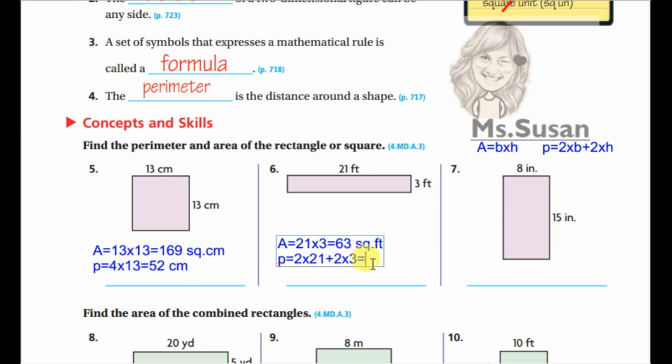So it will be 48. And the unit will be in feet because the perimeter, we add all the sides together, they are all in feet. So it will be 48 feet.